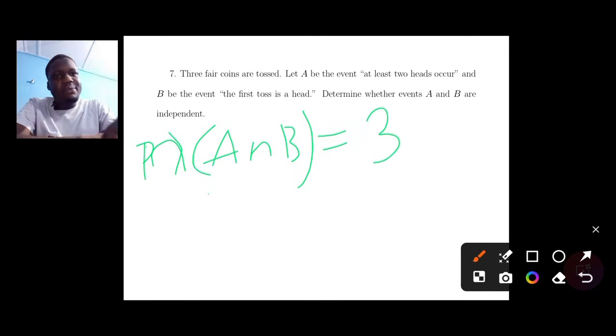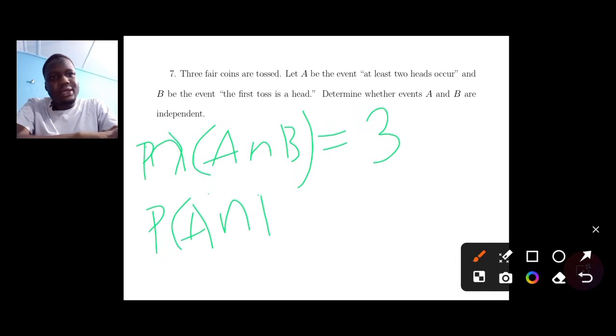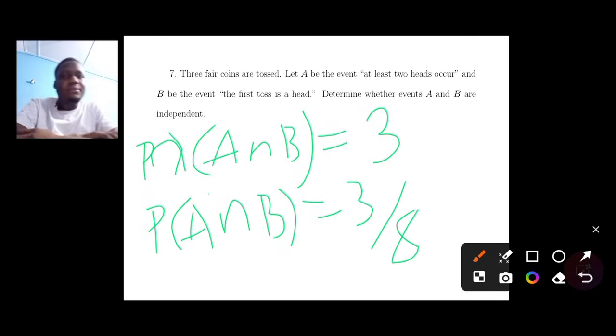So divide by the sample space. The probability of A intersection B is 3 out of 8. Okay, because we had 3 outcomes in A intersection B. So its probability is the 3 over the sample space, which is 8.